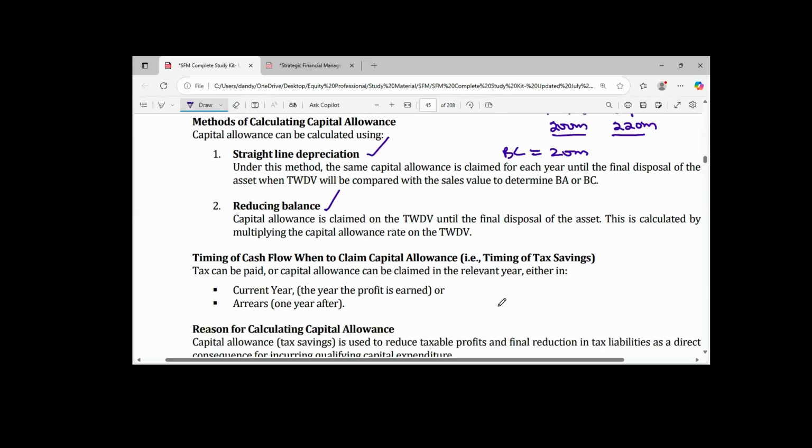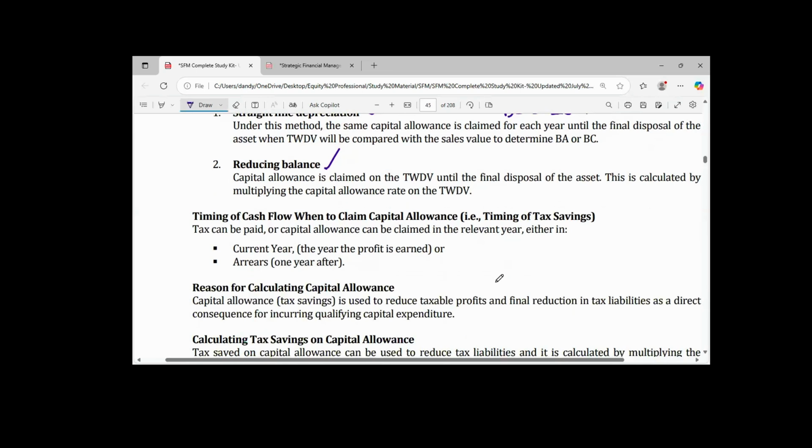Then, yeah, I've already mentioned this, the timing of the cash flow. The examiner may tell you in the question when to claim capital allowance or when to pay the tax liability. The tax liability can be paid in the current year or in arrears. If it's in the current year, it means that the year in which the profit is earned is when you are supposed to pay the tax.